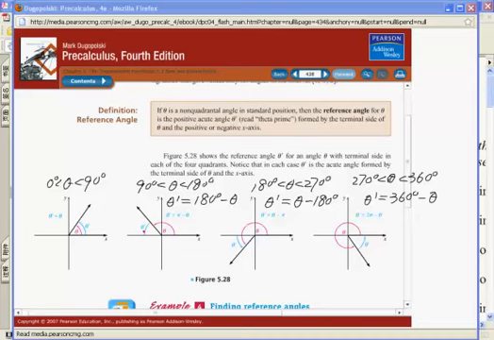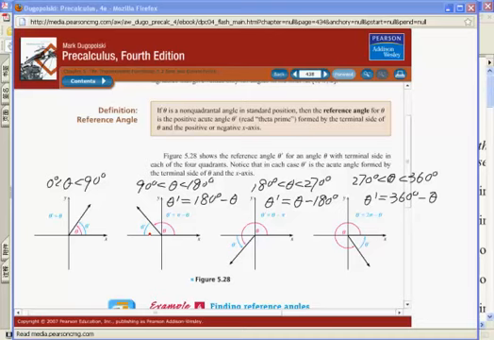So this theta prime, this reference angle, must be an acute angle, which is between 0 and 90 degrees. So this is how we figure out the reference angle for a given angle.